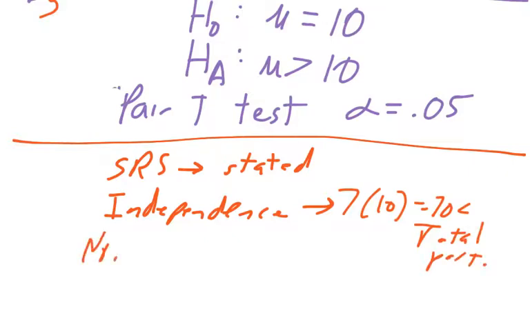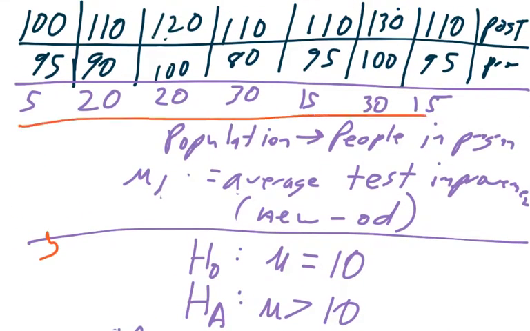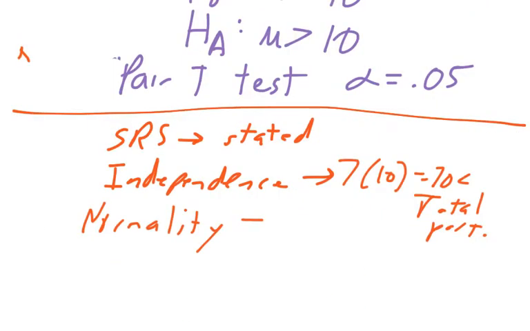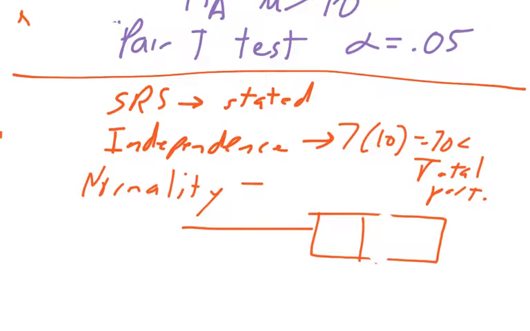And for normality, we need to check our box plot of these 7 numbers. When I made the box plot of those numbers, it will look like this. It looks like it's a little bit skewed to the left.